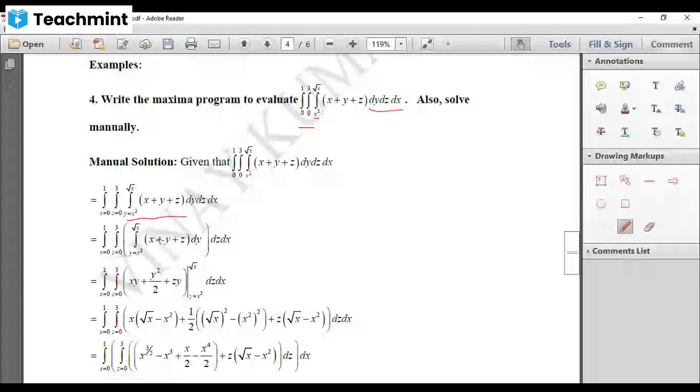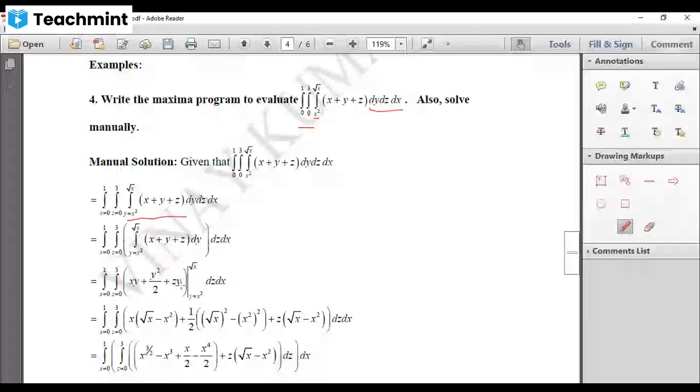When you are integrating with respect to y, your z and x are constants. Therefore, in the integral of x, because x is constant, x remains outside. What is the integral of 1? The integral of 1 is y, plus what is the integral of y? y square by 2, plus z is constant. So the integral of 1 is y, and apply the limits.